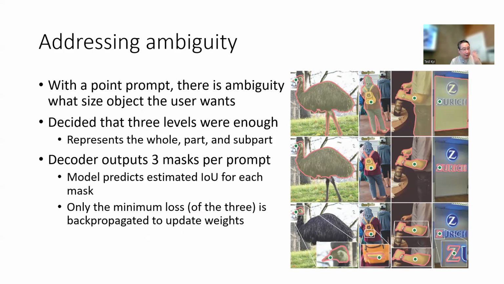Theoretically, you can have quite a few levels, but what they found was that generally speaking, 3 levels was enough. On the far right column, you have some company's front lobby. When you click here, are you talking about the whole wall? That would be the biggest thing. Or are you talking about just the word Zurich there? Or did you really mean the Z? You were clicking on the Z.